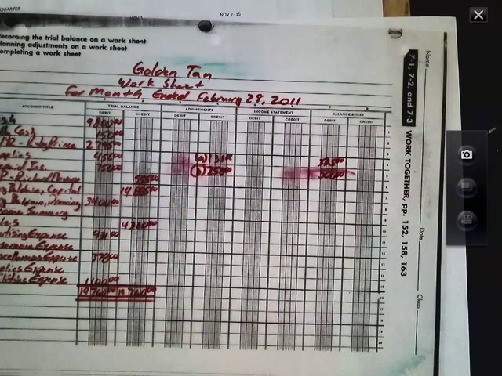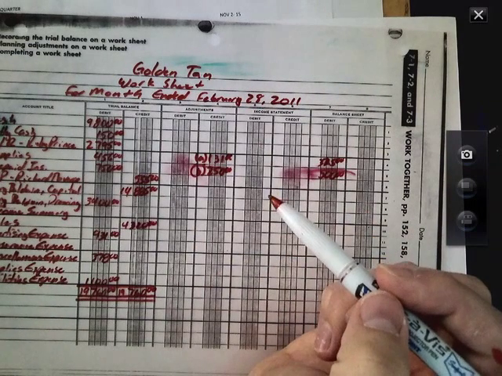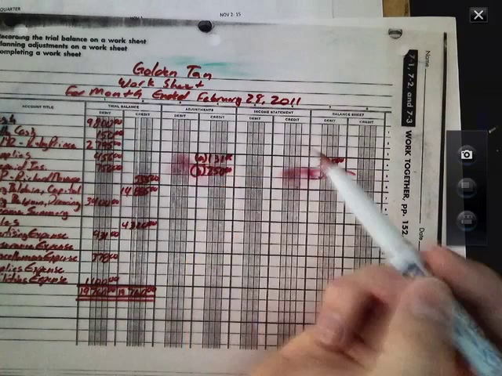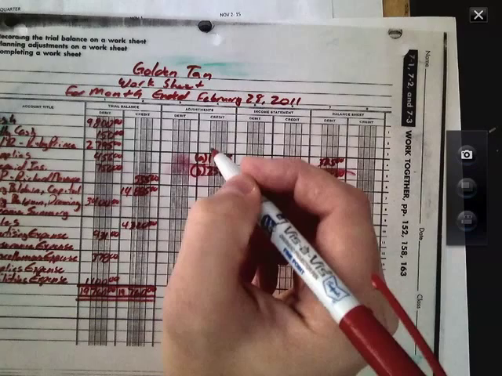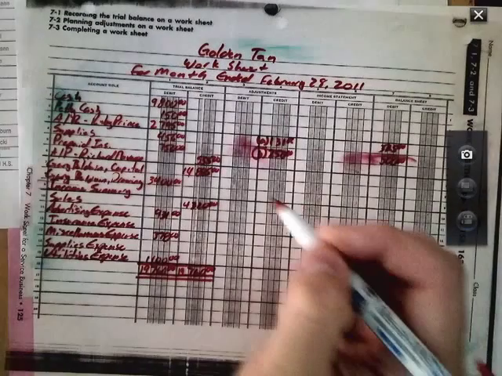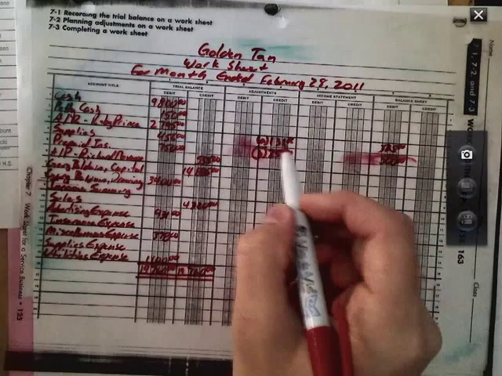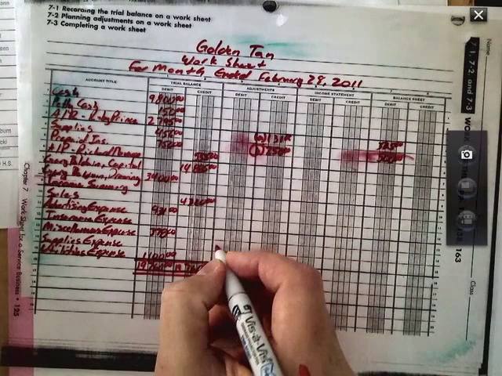Now, do you understand how I got that? Now, the rule of accounting is if I credit something, I have to debit something else, right? Because your debits equal your credits. So remember these two things that we didn't know what to do? We credited supplies, so we're going to debit supplies expense.